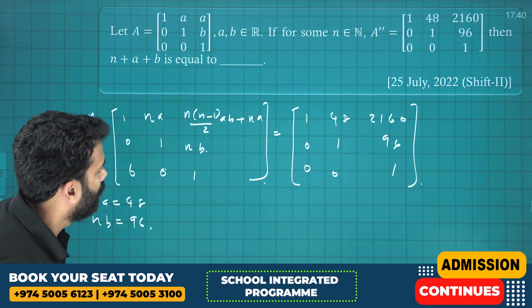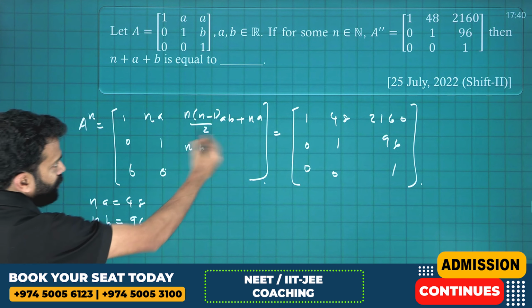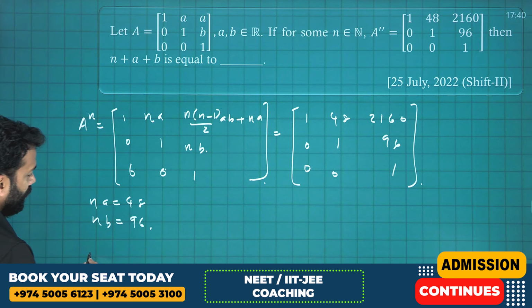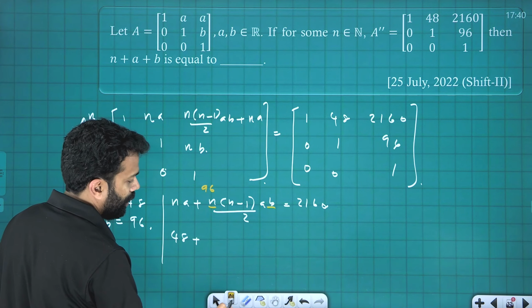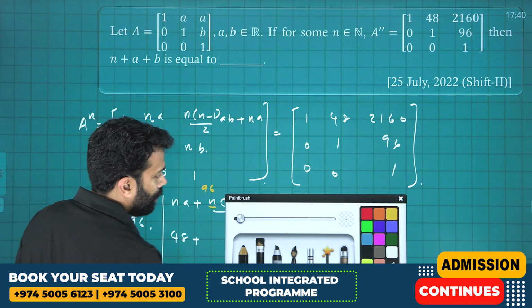Therefore, nA plus n into (n minus 1) into AB by 2 is equal to 2160. We know that nA is equal to 48, and nB is equal to 96. What is 96 by 2? 48. Again we got 48 there.